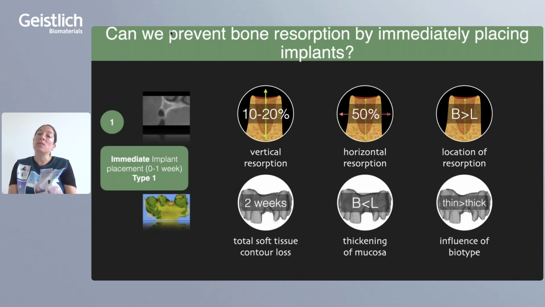The same also goes for the soft tissues. It's not only the resorption that is happening on the hard tissue level, but also on the soft tissue level. So we do lose some soft tissue contour, and the biotype also has an influence on the behavior of the soft tissues.